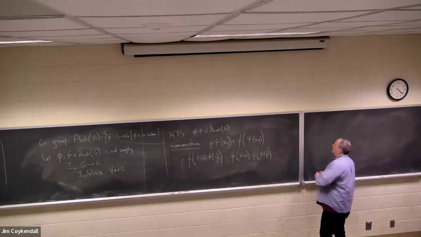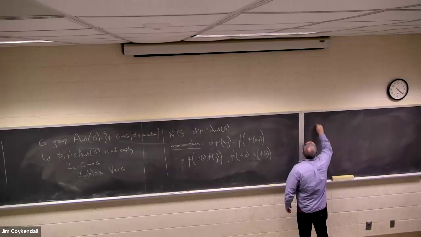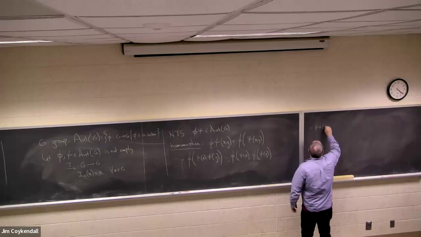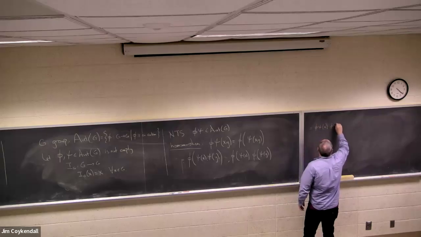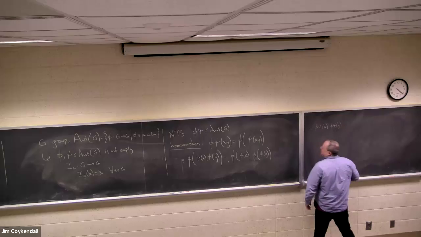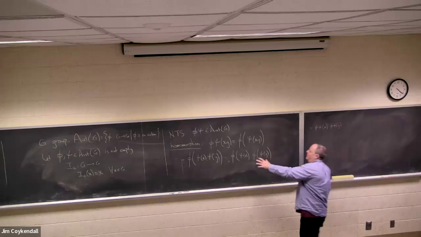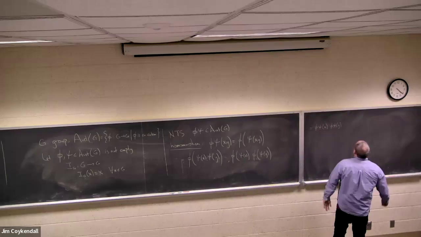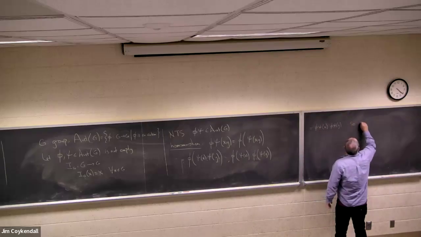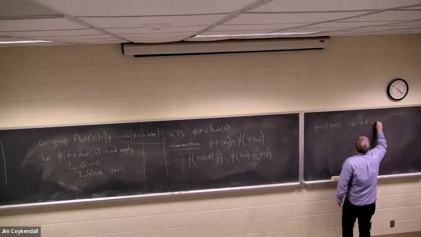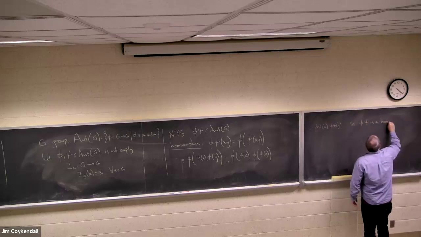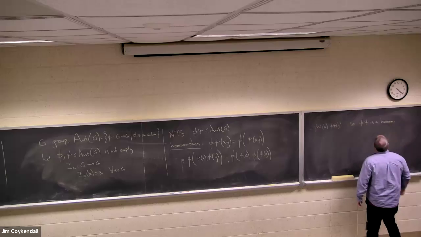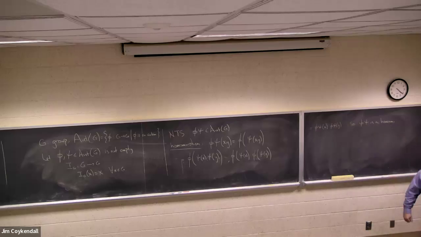So in particular, phi psi of xy is phi psi of x times phi psi of y. So phi psi is a homomorphism. Okay with that? What else do we have to do?